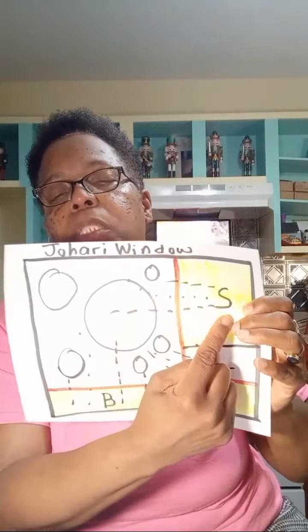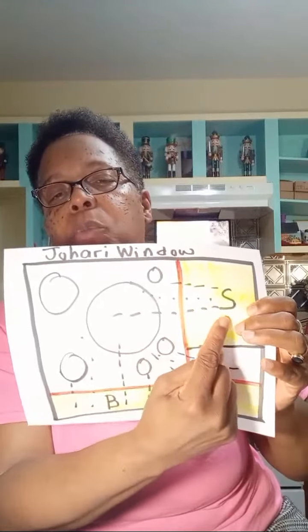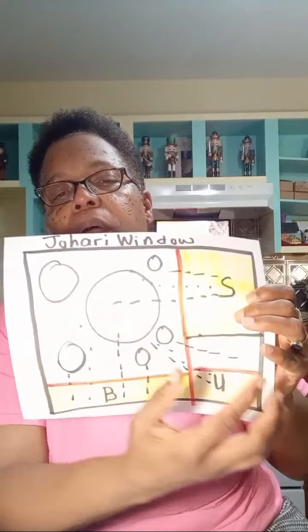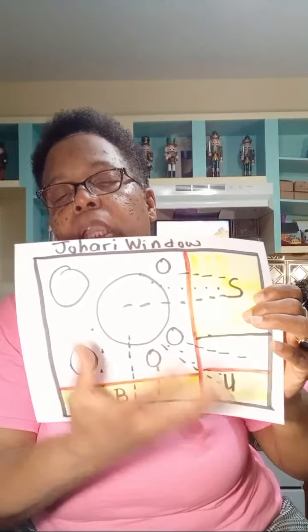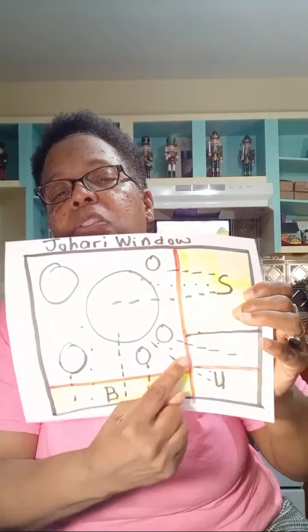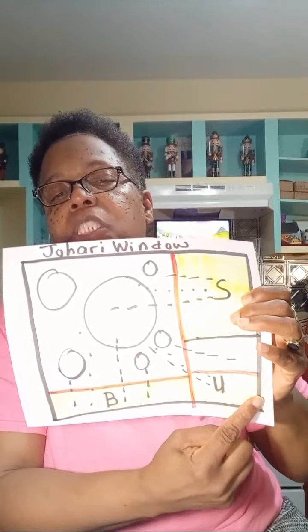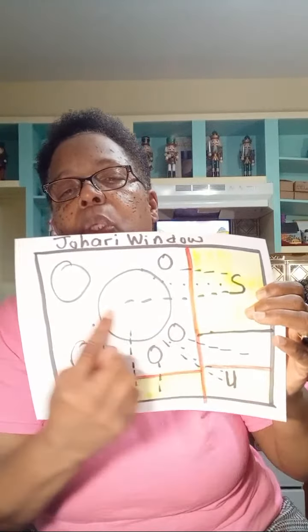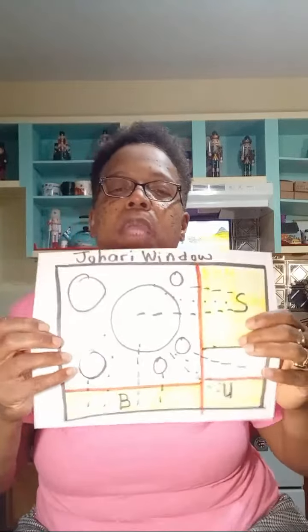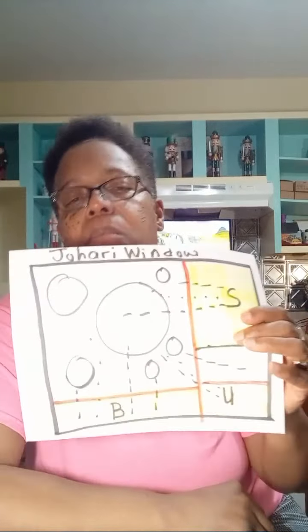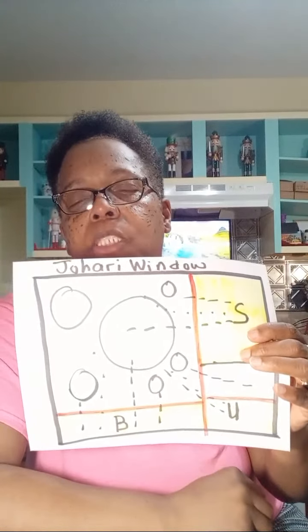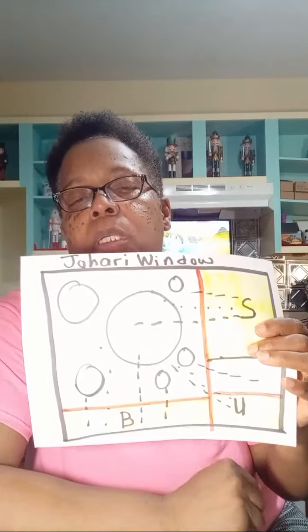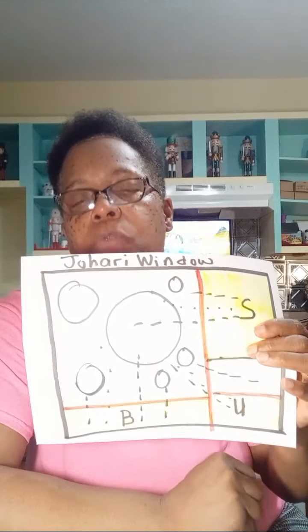The secret window becomes smaller, the open window becomes larger, and with the unknown area of the Johari window, as people get therapy and counseling, that unknown area will become smaller. The information is going to shift from the unknown into the open. So when we grow as a full-grown man or woman throughout life, our Johari window will gradually move and shift over time.